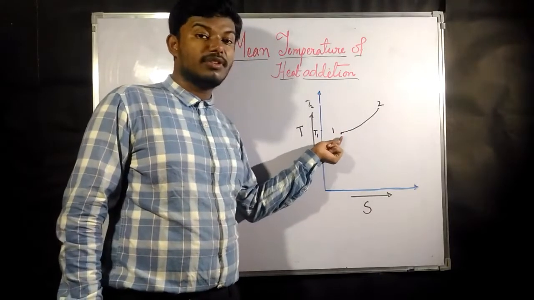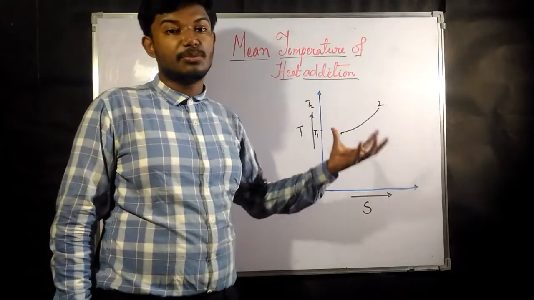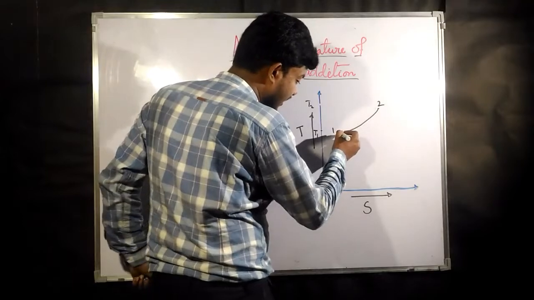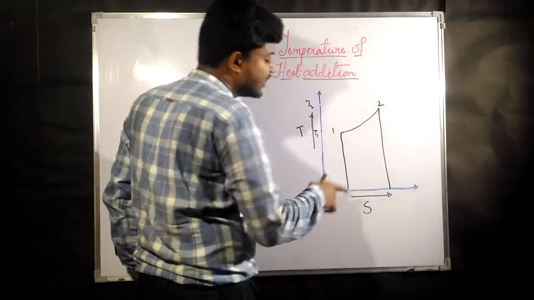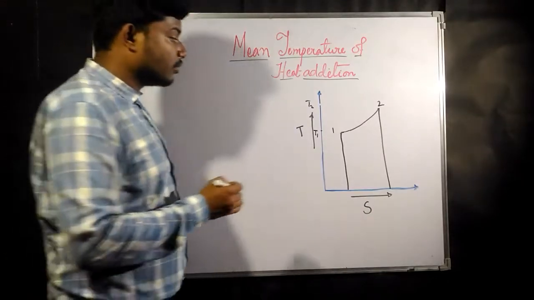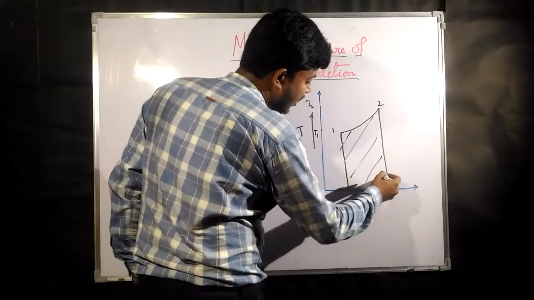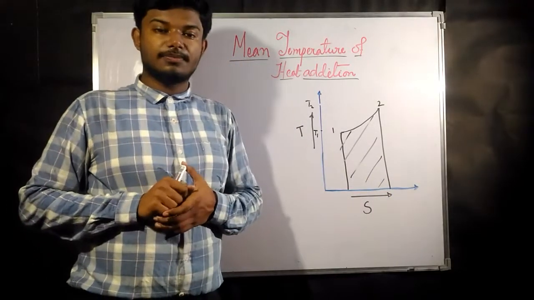While it is moving from state 1 to state 2, the amount of heat is nothing but whatever area it is going to cover when projected on the entropy axis. That area is going to give you the amount of heat as input.